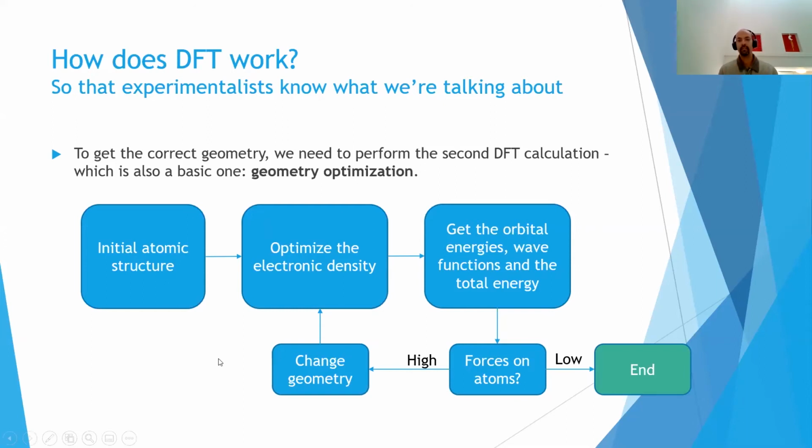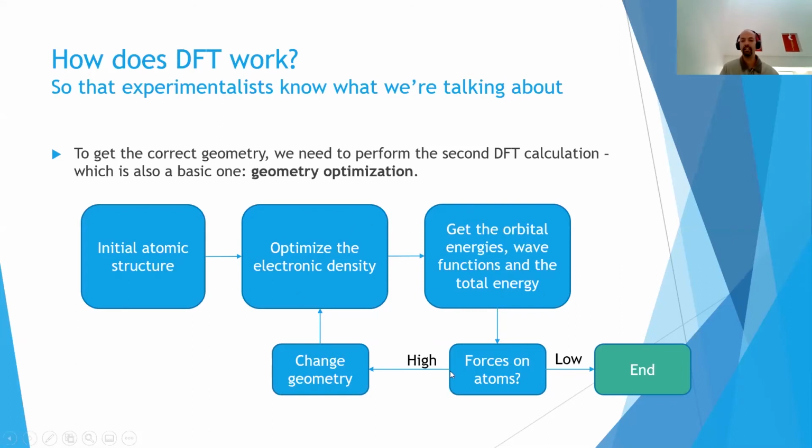We start with the initial atomic structure, we optimize the electron density and get the orbitals, and then we calculate the forces. If the forces are too high, then we change the geometry, redo the optimization of the electron density, get the orbitals and the wave functions, and then recalculate the forces. Too high still, and then we keep doing this.